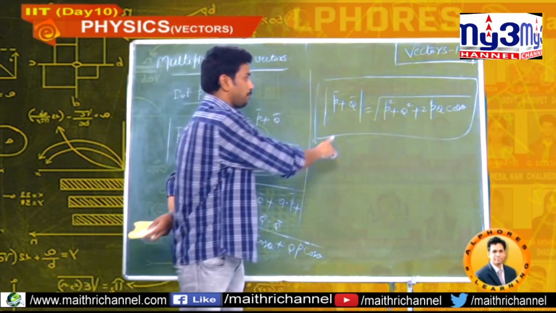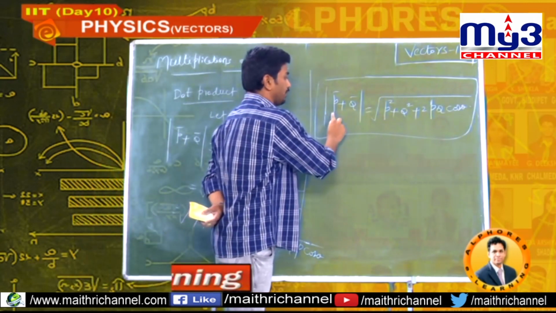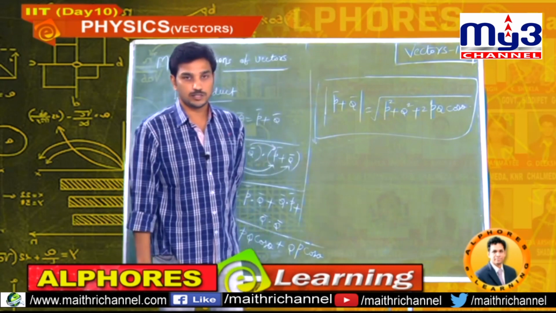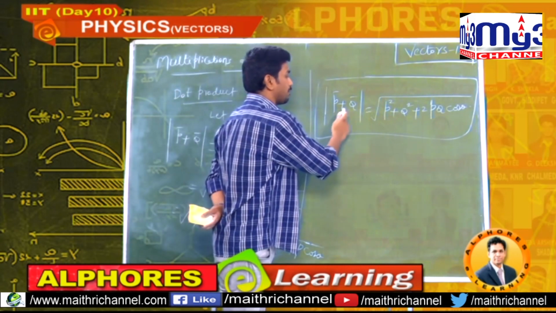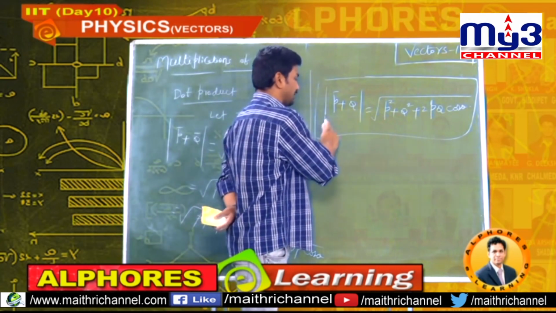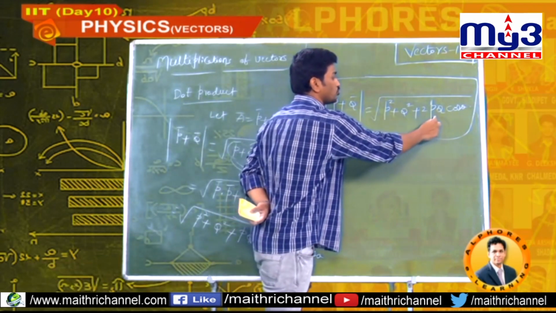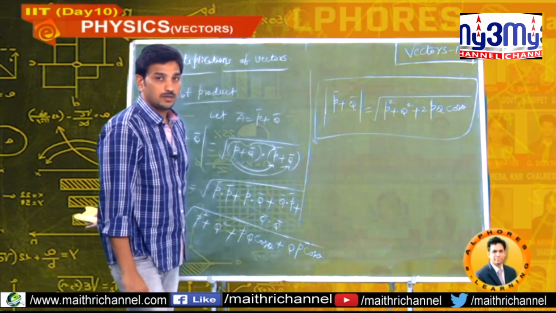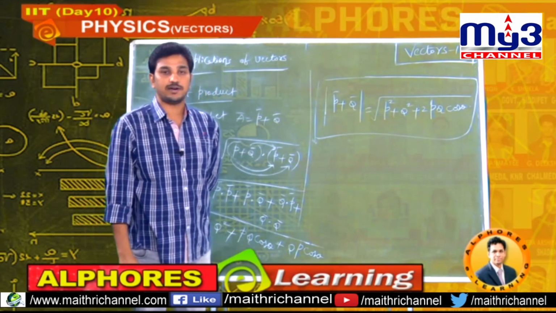Yes, the parallelogram law of vectors. Mod of A bar plus B bar is under root of A square plus B square plus 2AB cos theta. Here instead of A bar and B bar, I took P bar and Q bar. The resultant magnitude is under root of P square plus Q square plus 2PQ cos theta, the same thing we derived using the parallelogram law of vectors.